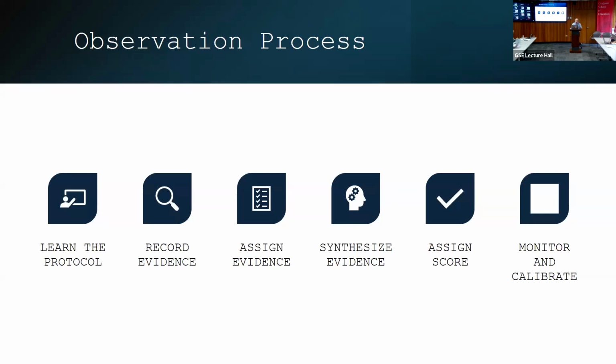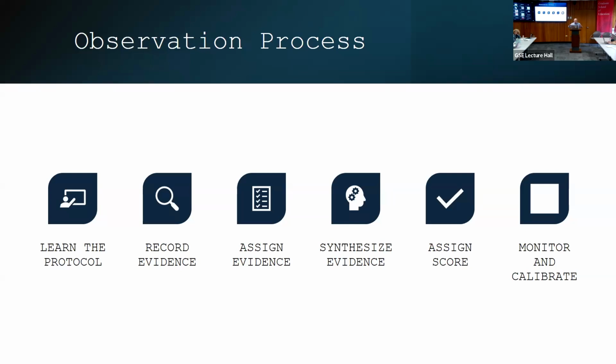They have to understand the dimensions, the domains, what they mean, what the scale points are, and what the evidence you'd be looking for is to arrive at your judgment. You have to learn how to record evidence, right? You're watching a classroom and you're recording evidence in certain ways. And each protocol describes that process a little bit differently. And then you have to assign evidence to particular dimensions that you're looking at, right? So that gets complicated.